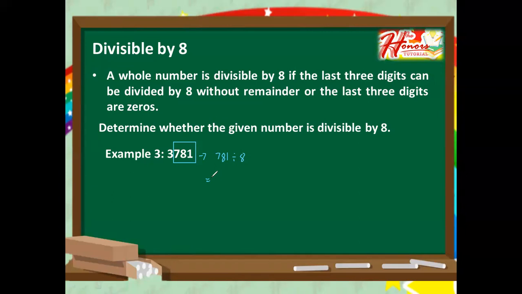It has a remainder, right? So therefore, it is a no. It is not divisible by 8 because when we divide 781 by 8, we got a remainder. We don't want that. So therefore, it is a no.